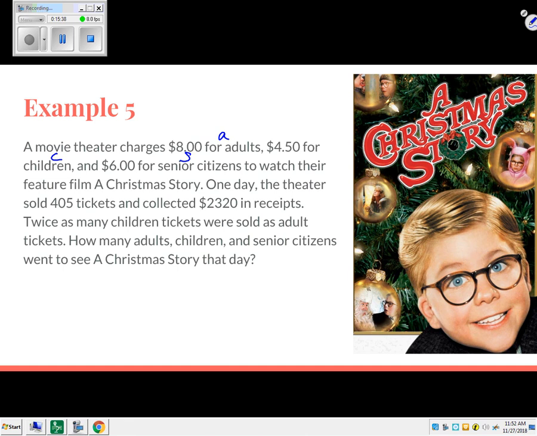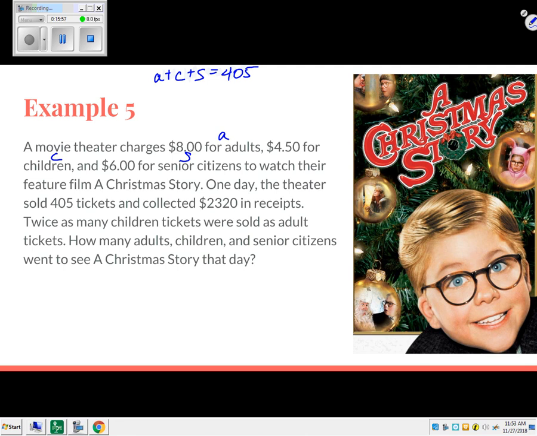So one day, the theater sold 405 tickets. That means if I take the number of adults plus children plus senior citizens, it equals 405. Got my equation 1. And they collected $2,320 in receipts.